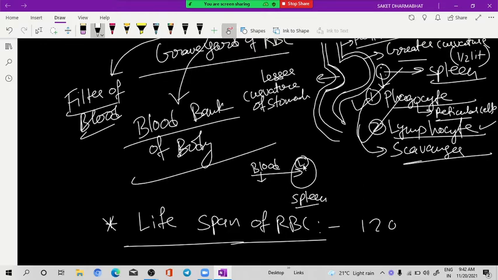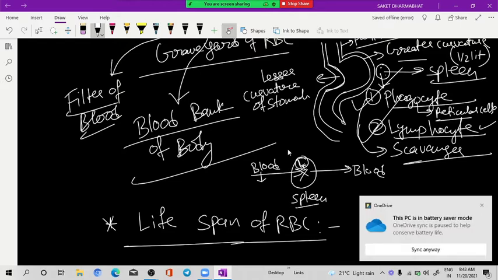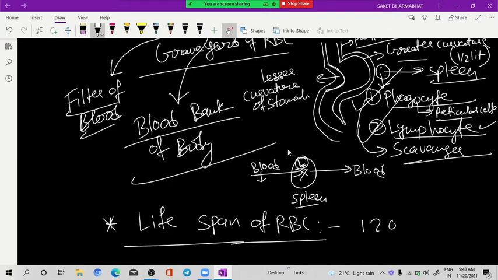Lymphocyte cells are there. This lymphocyte cell will kill this pathogen, and from here filtered blood comes out. Lymphocytes kill the foreign pathogen whomsoever is passing through the spleen. Understood? That's why spleen is also called as filter of blood. Yes, sir. Okay.